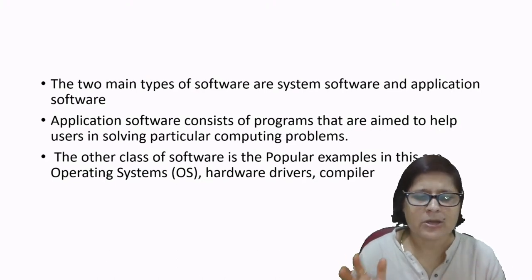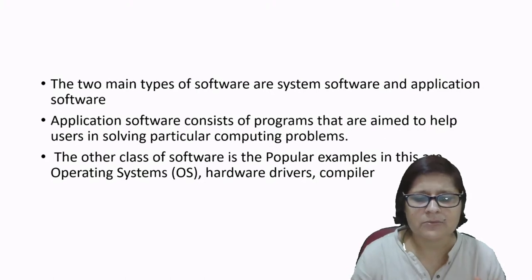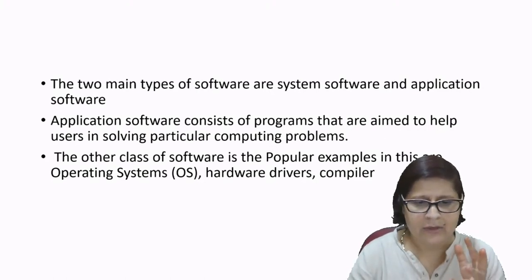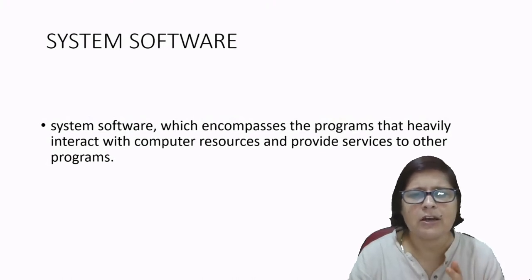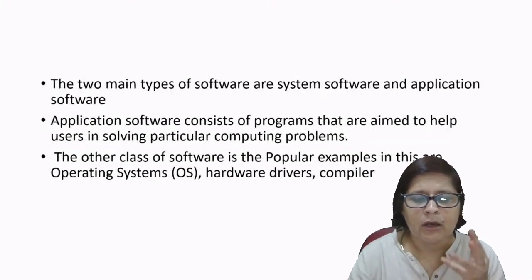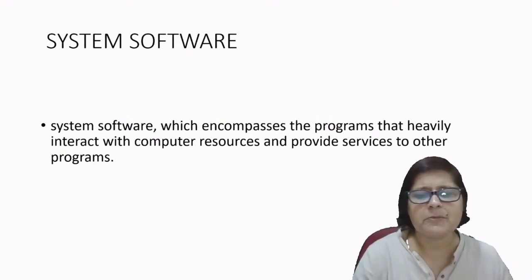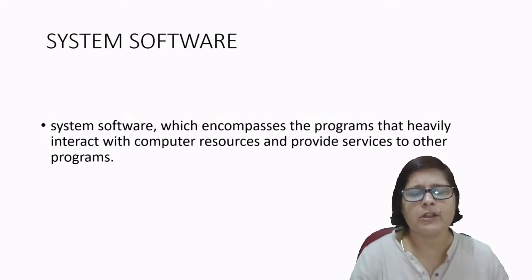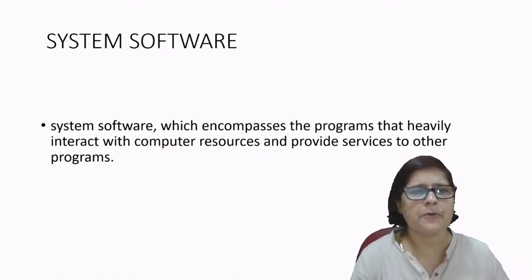While the system software is different. What is the system software? System software are the operating system, the hardware drivers, or the compiler. It encompasses the programs that heavily interact with the computer resources and provide services to the other programs.